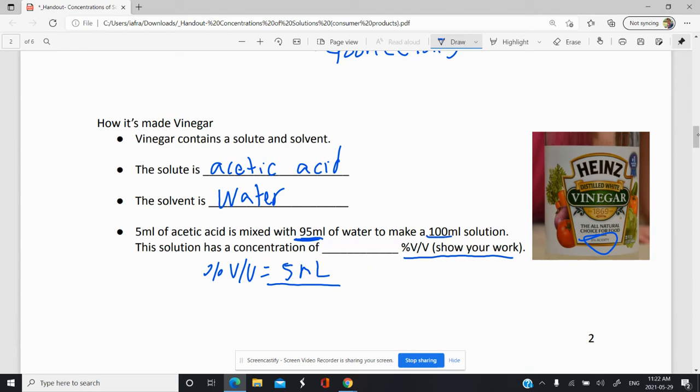We need the total volume of the solution. So over 100 mils times 100%, cancel that out, and we get 5% VV. So that would be the concentration as a volume for vinegar that you would have in your home.